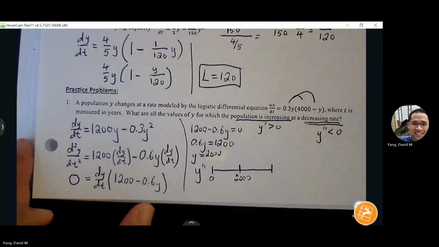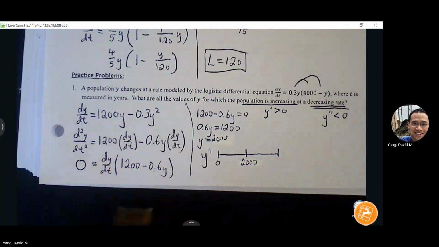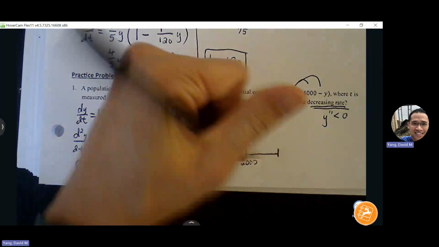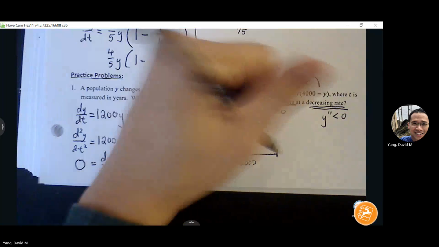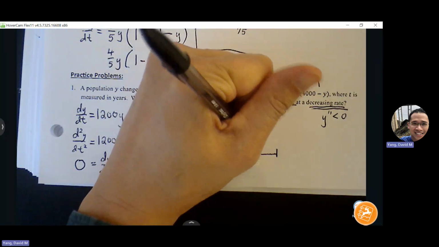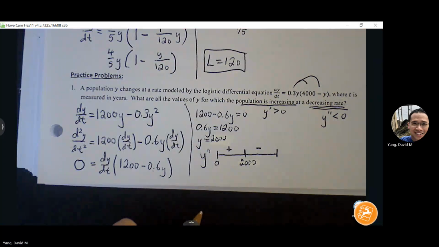Any value that I plug in that is less than 2,000, I'm going to get a positive value out of it. Anything that is greater than 2,000, I'm getting a negative value out of it.